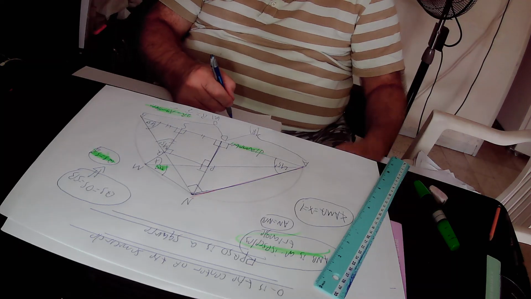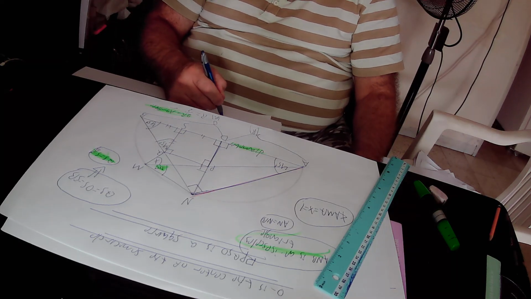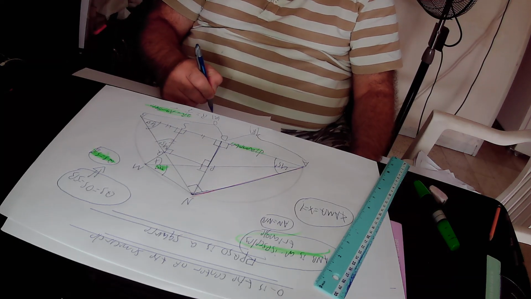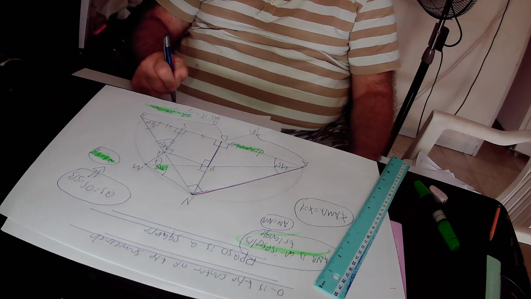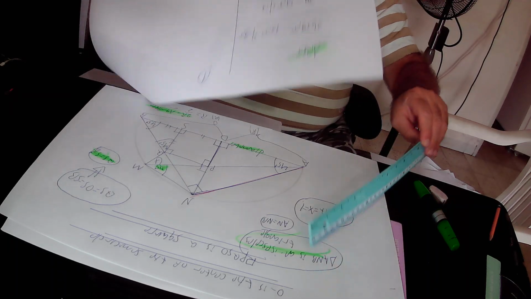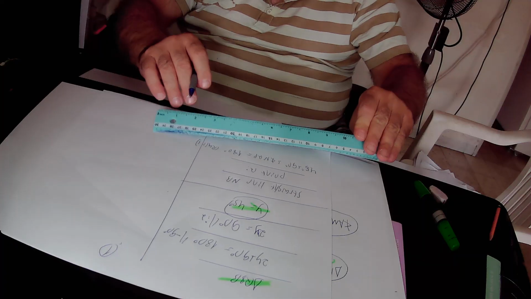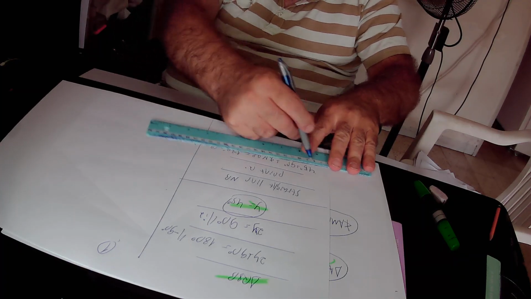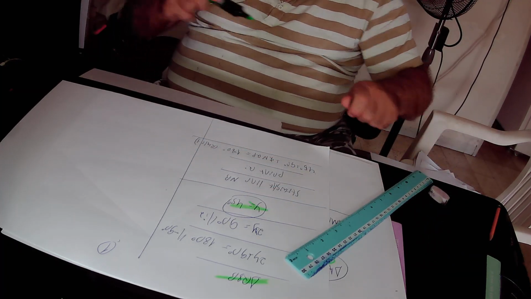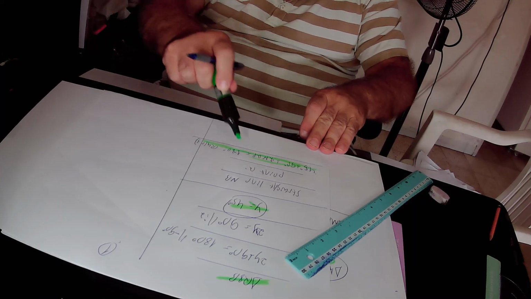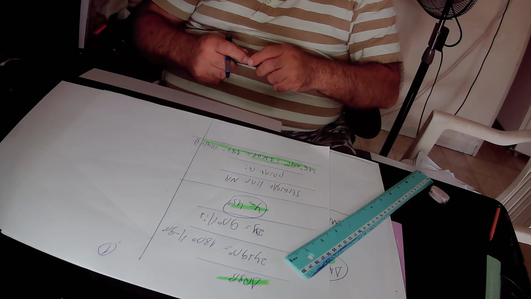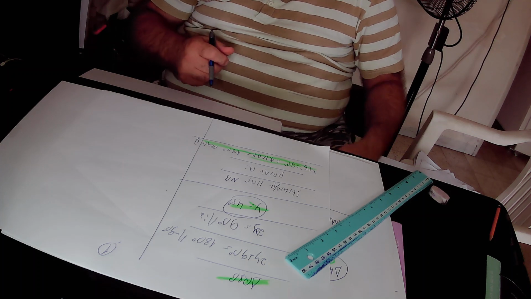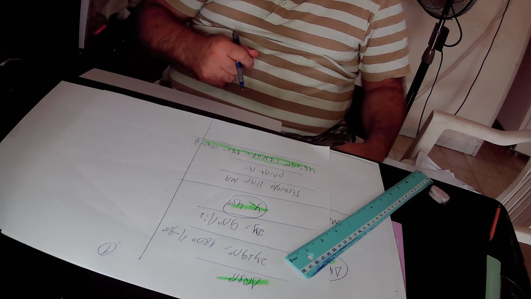In total, the sum of those three angles must be equal to 180 degrees according to rule 3.